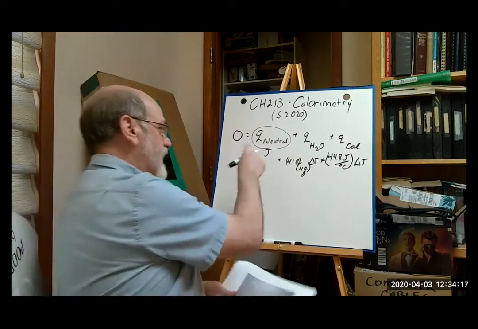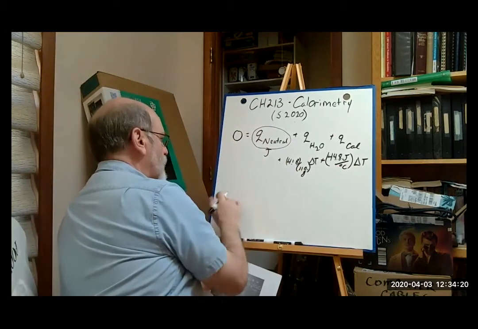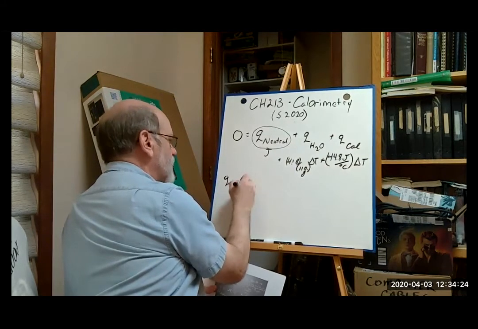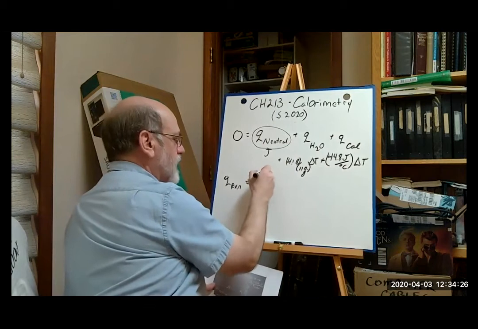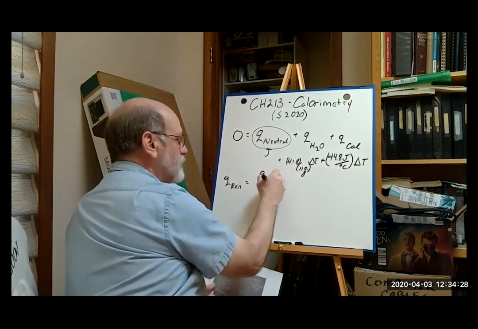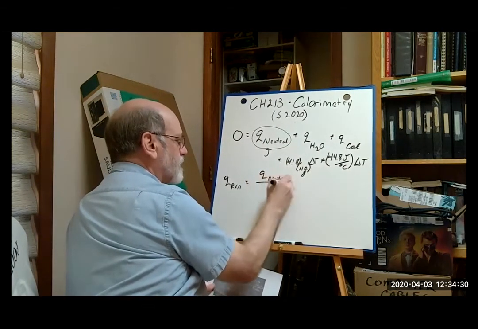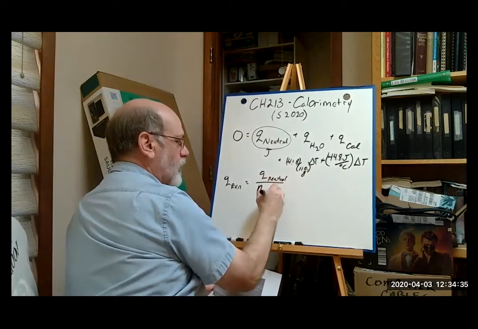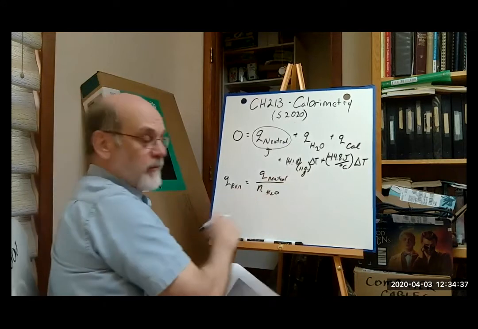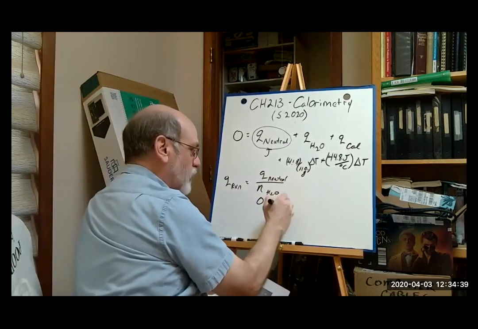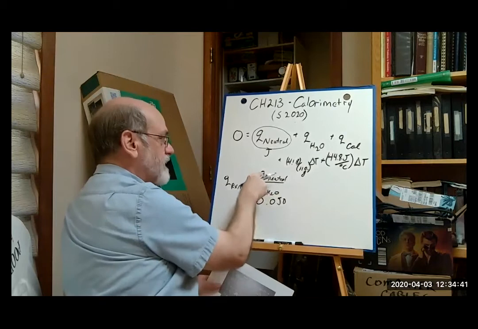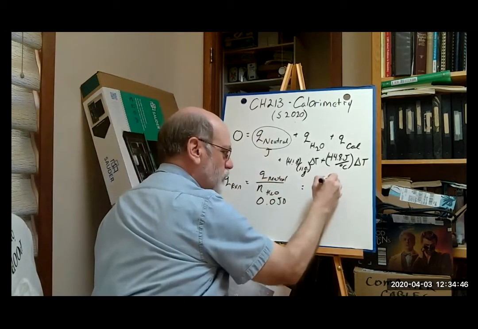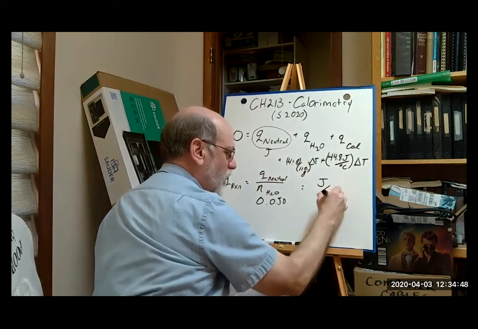Now what do you do with that value? Well, we want to know the Q of the reaction in terms of the Q of neutralization per moles of water produced, right? And we know the moles, we already determined that as 0.050 moles. Then the value you get from here is in joules, so that's going to be joules per mole.